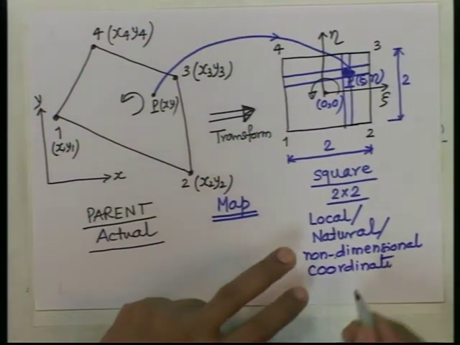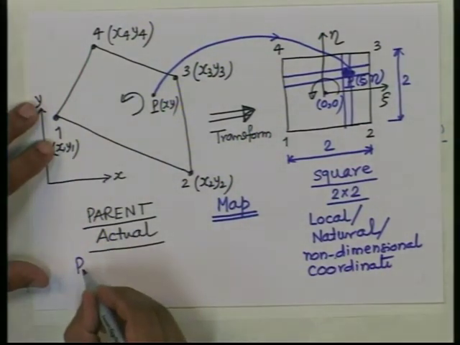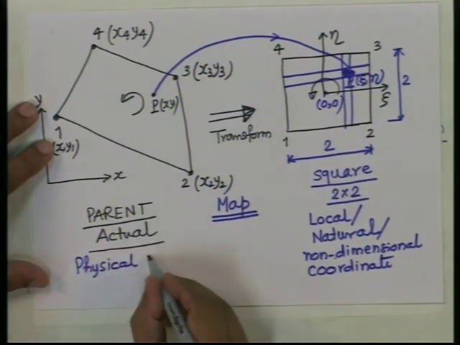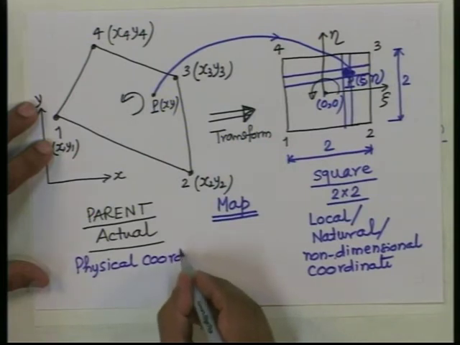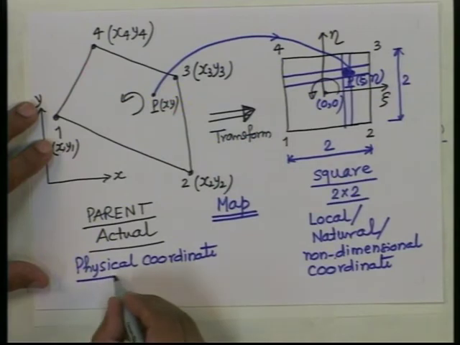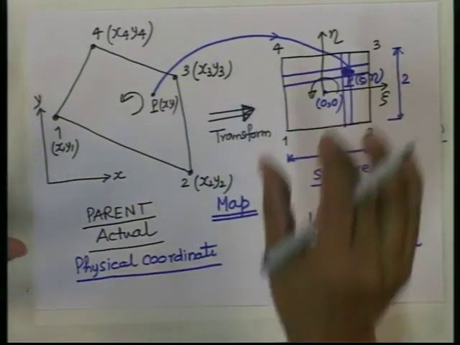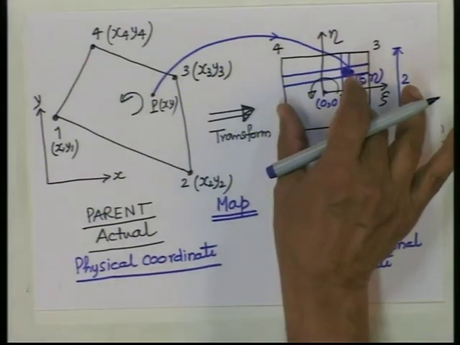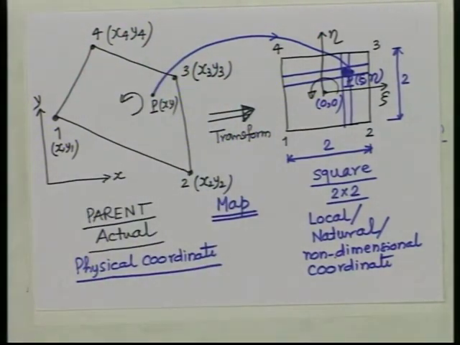And here you have the physical coordinate, physical x, y, z. The physical coordinate is mapped into a natural coordinate system, into a simple geometry, and then all integration will be done over this simple geometry, and it will be transformed back to the original in the end.